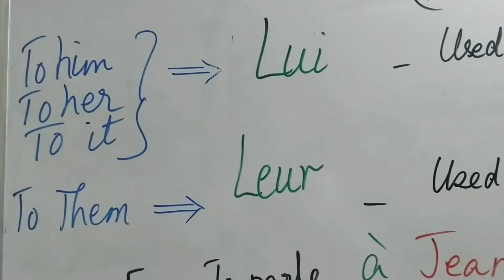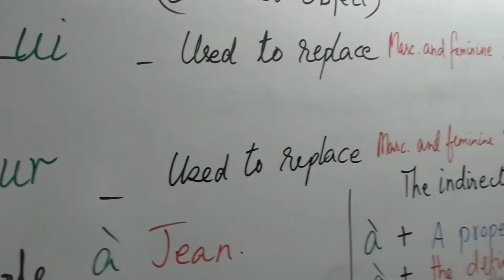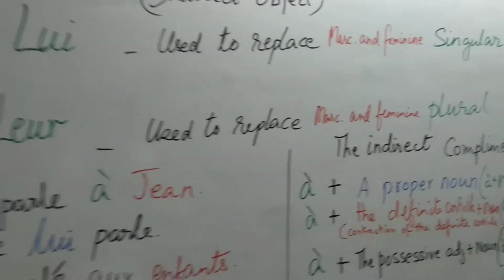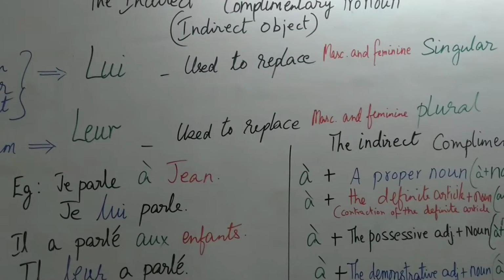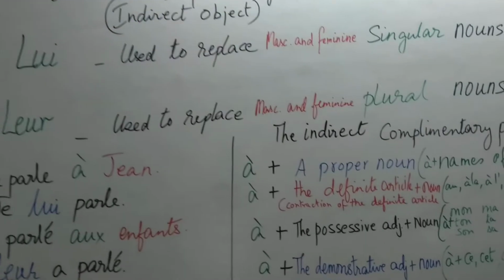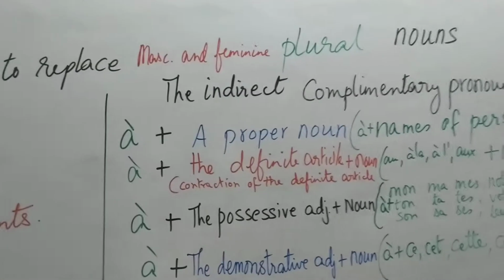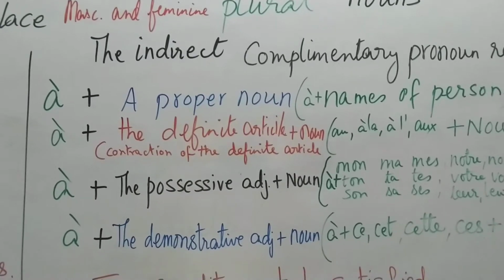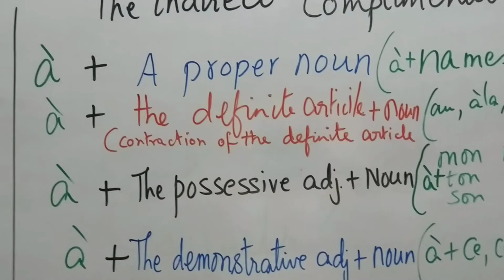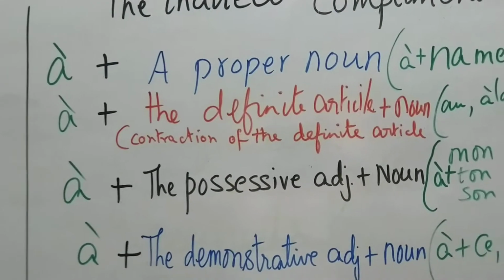Now, what will lui replace? Lui will replace all masculine and feminine singular nouns, and leur will replace all masculine and feminine plural nouns. So, what type of nouns will the indirect complementary pronoun replace? It will replace à plus a proper noun, or à plus names of persons.